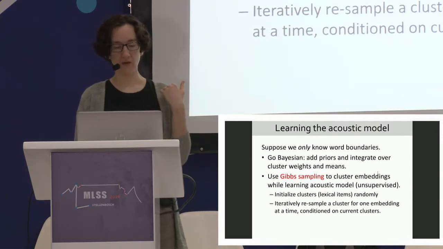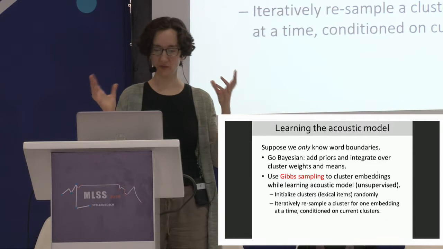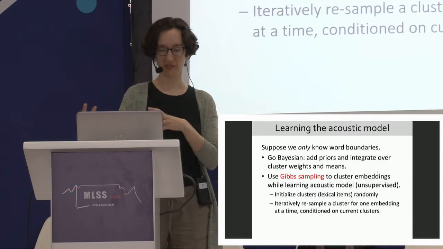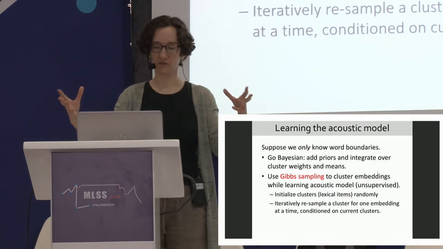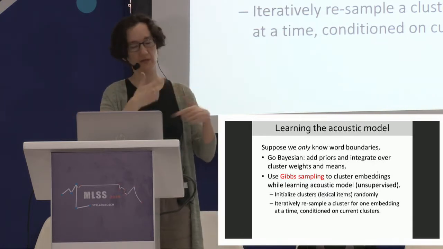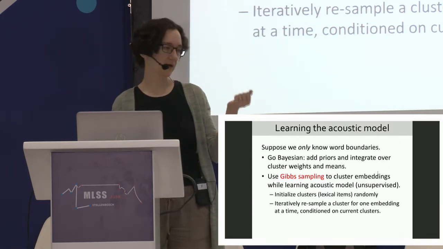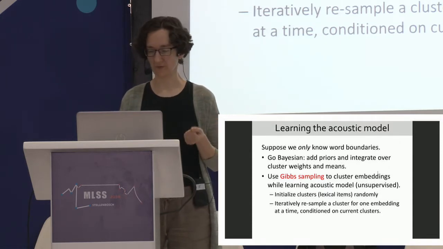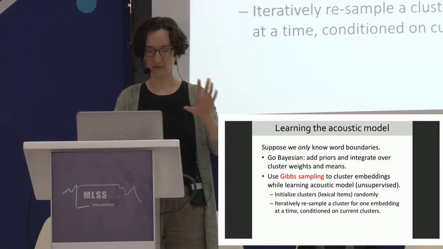We can do that using a Gibbs sampler, and use it to cluster the embeddings while simultaneously learning the acoustic model. We initialize the clusters at random, and then iterate through and resample a cluster for a single embedding at a time, conditioned on all the other clusters. This is a fairly standard approach. So that's good, that's for the word boundaries.